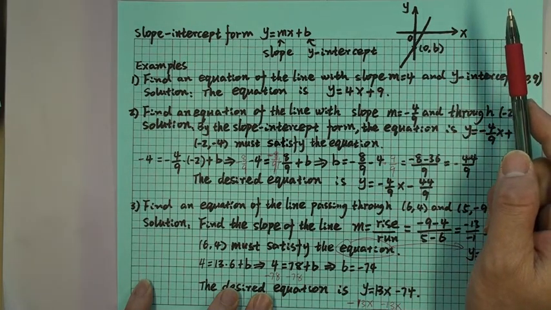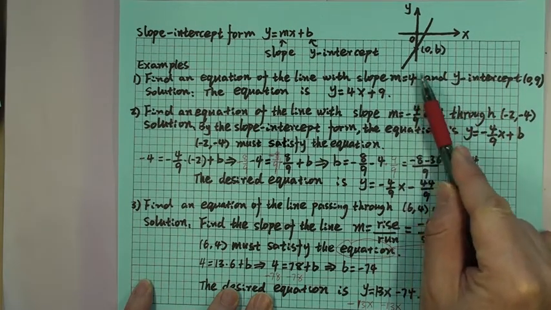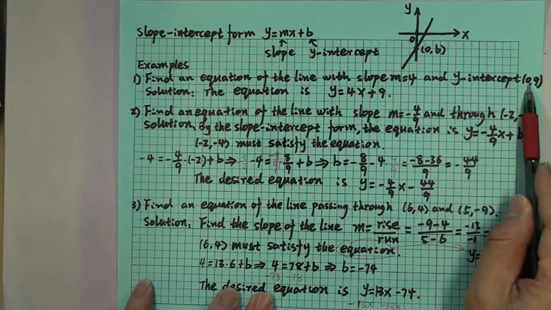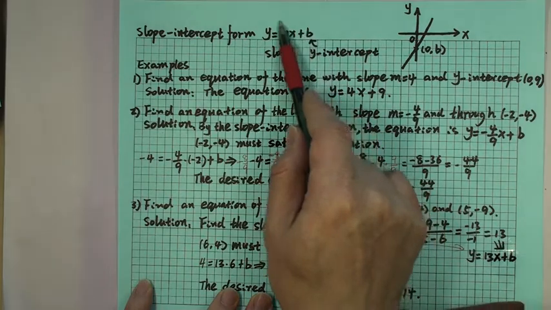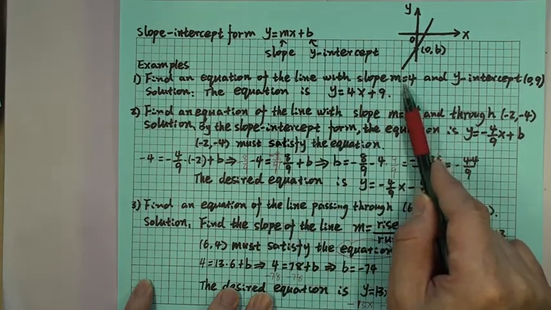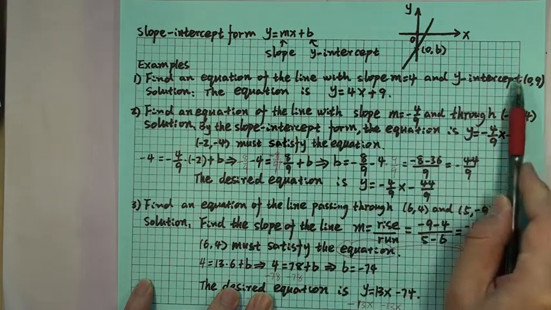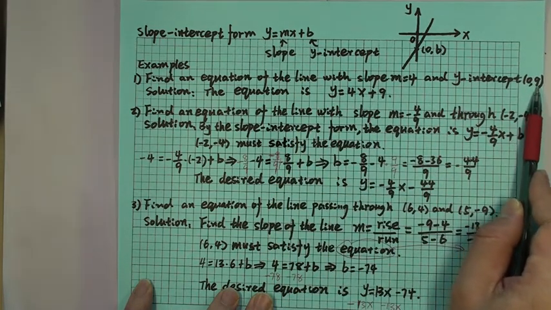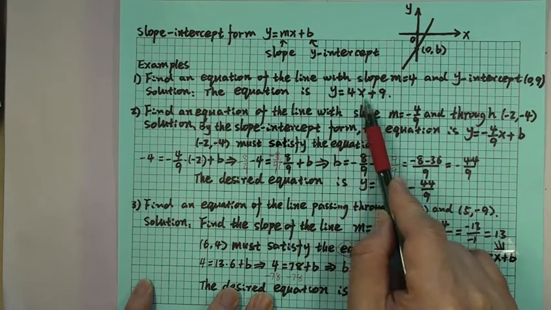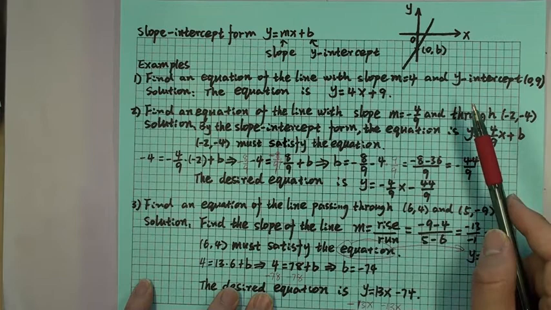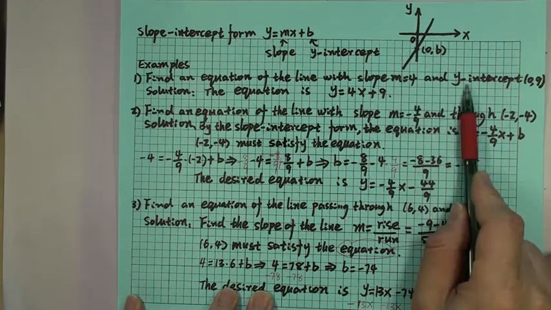But anyway, if we are given a slope and we are given y-intercept 0, b, then we should be able to write the equation. We just directly plug in 4 into here, and then 0, 9, we plug in 9 into this place. We'll have the equation. All right. So the first question is really easy.